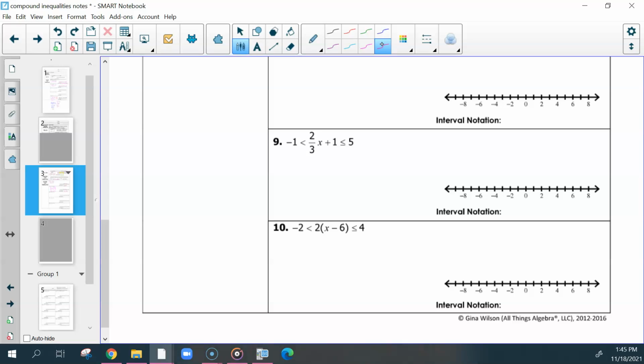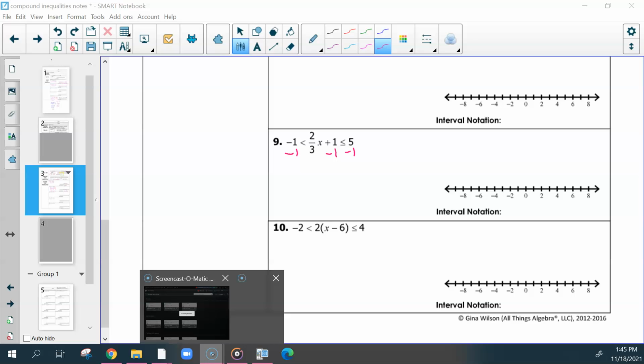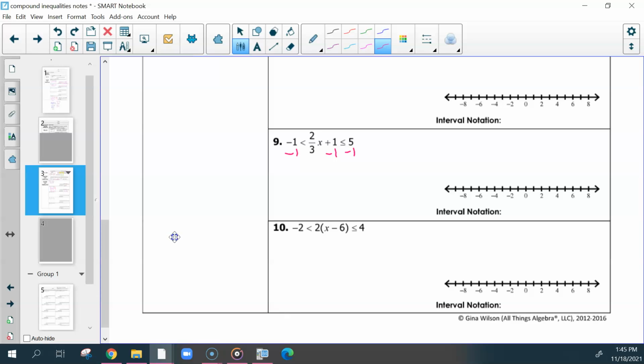For number 9, we would need to subtract on both sides. So this would give us -2 is less than 2/3 x is less than or equal to 4. And then to get rid of 2/3, we're going to multiply each piece by 3/2.